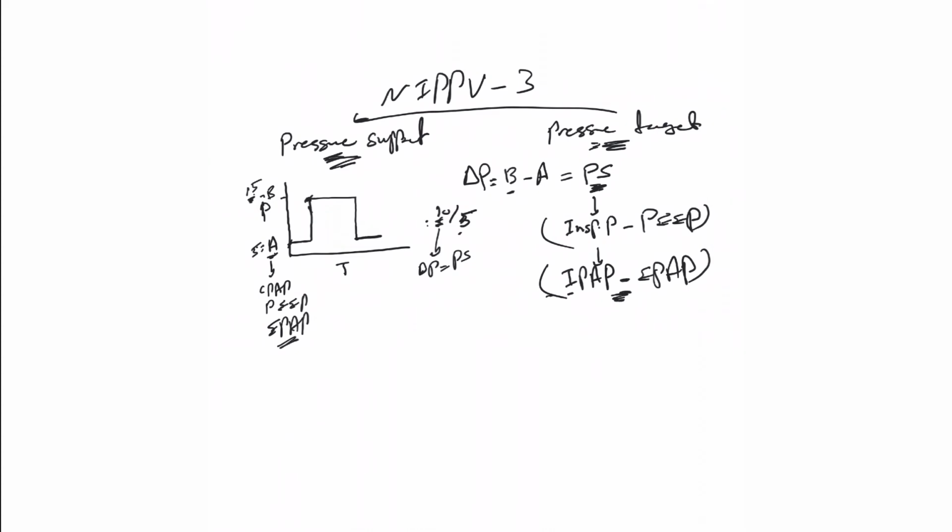Now, I want you to remember this equation: the flow into our lungs is equivalent to the proximal airway pressure divided by airway resistance. When I say proximal airway pressure, that means the pressure support, this value equivalent to the delta P. As you can see, the higher the pressure, the higher the flow.